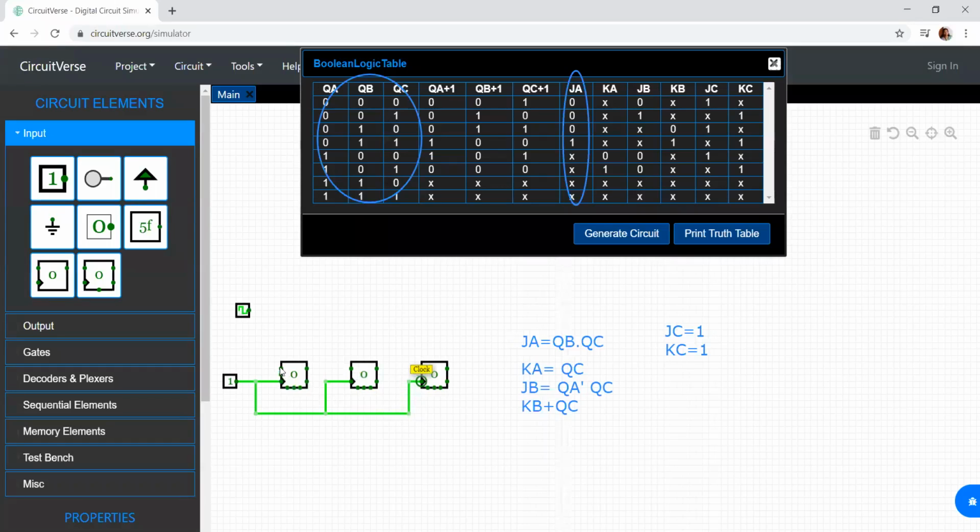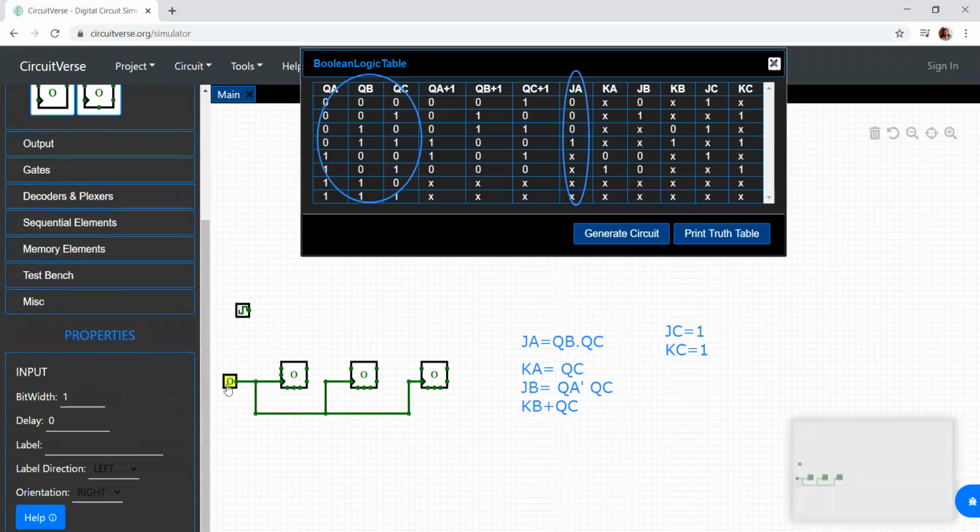Now I have JA over here. You can see this is J and this is K. Let me label this as clock.